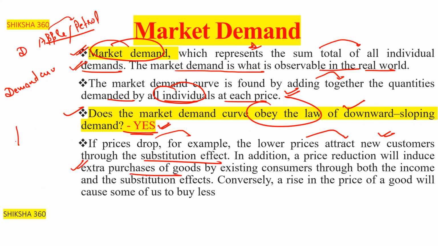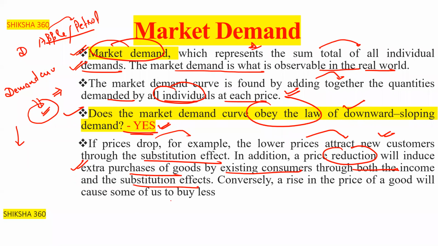If the price is reduced, we will purchase extra goods, because we have kept some sufficient funds for the market. So a price reduction will induce extra purchases by existing customers through both the income and the substitution effects.